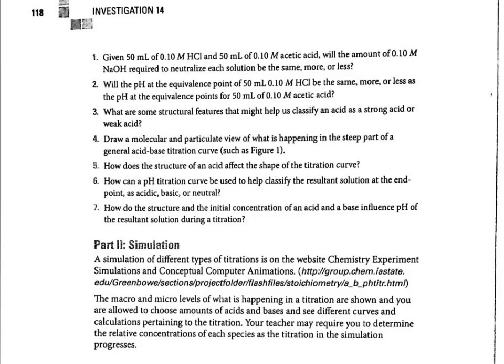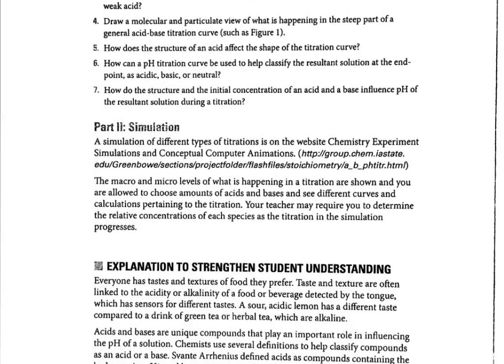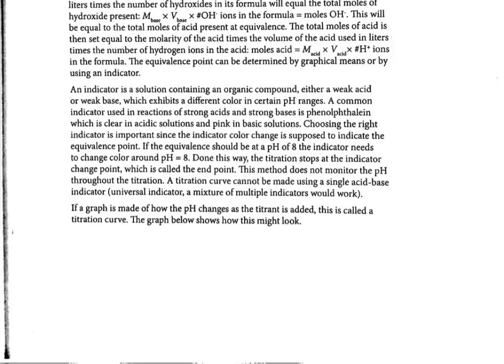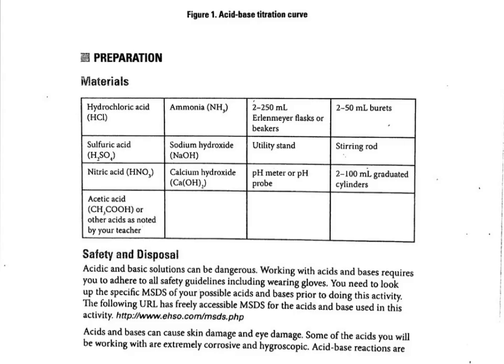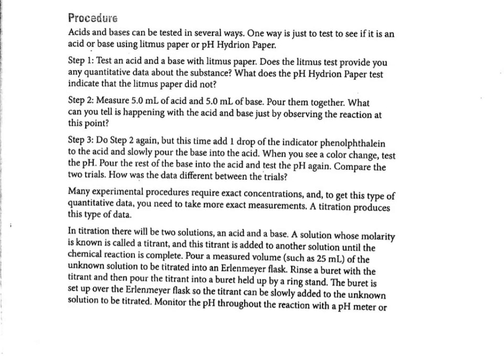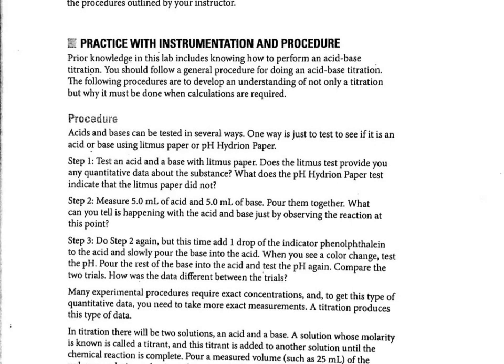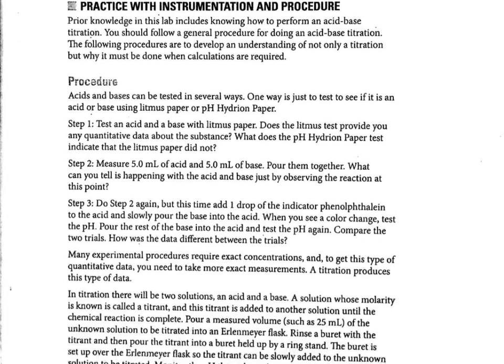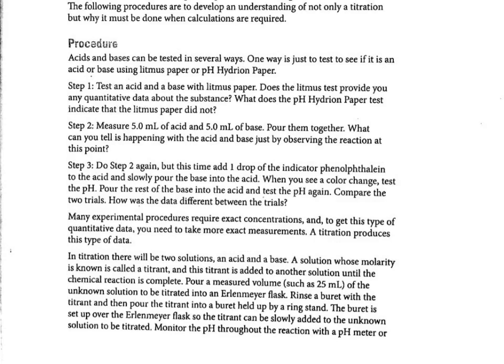So then, on the procedure itself, I think a couple of things here, and I think we talked about this already. There's the practice procedure, and that's right here, the practice of the instrumentation and procedure. Basically you just needed to have a data table and a graph for that section.